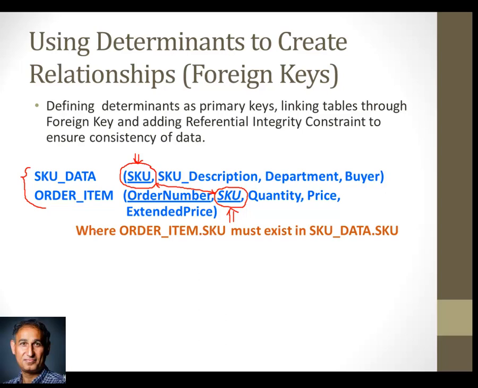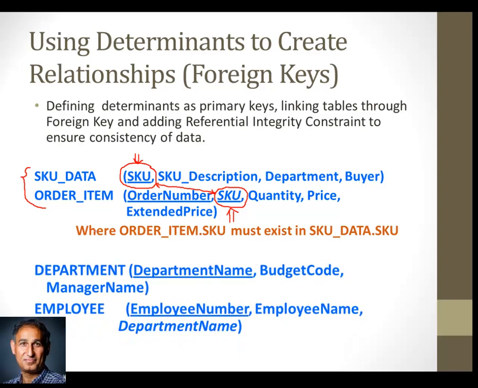Let's look at another example. We have department, and in the department table we have department name, budget code, and manager name. In this case, the department name was a unique attribute and could determine other attributes.